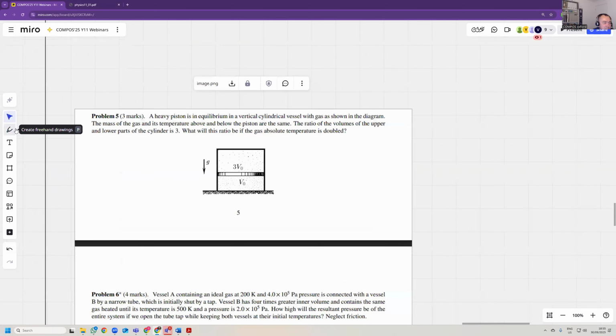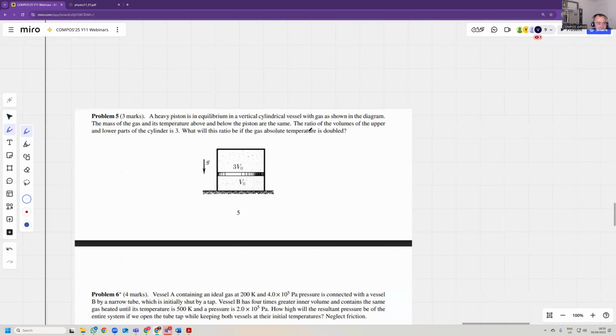A heavy piston is in equilibrium in a vertical cylinder vessel. If the temperature is the same and the mass is the same, the only difference is the pressure. The pressure will be different because this piston pushes on the bottom. It squeezes the gas on the bottom.